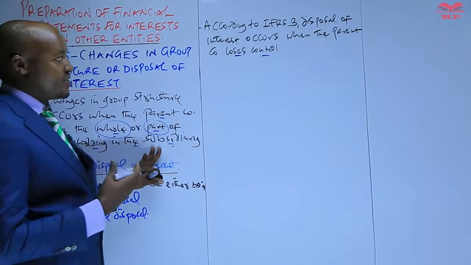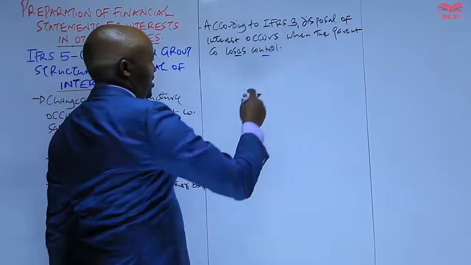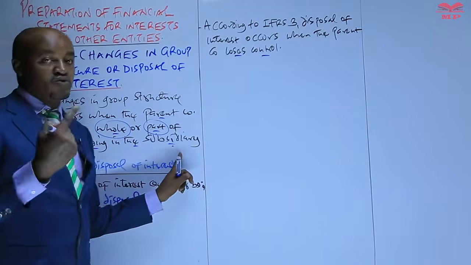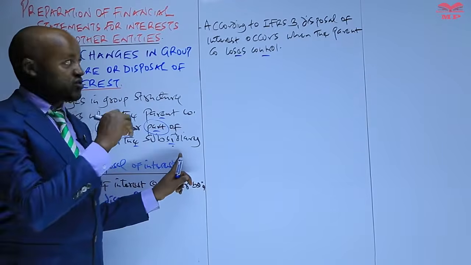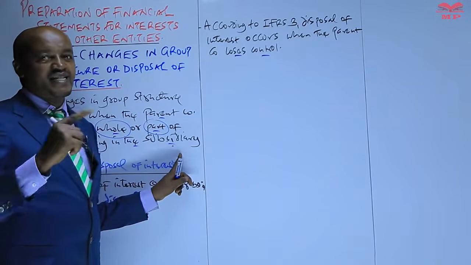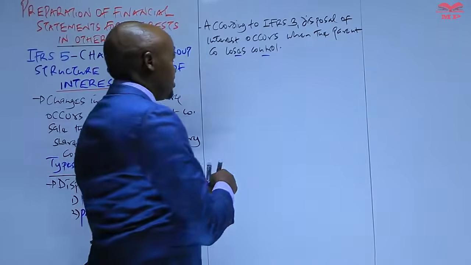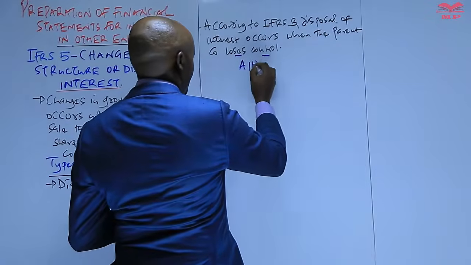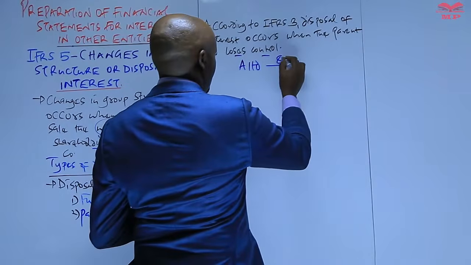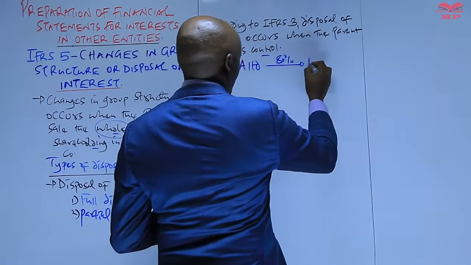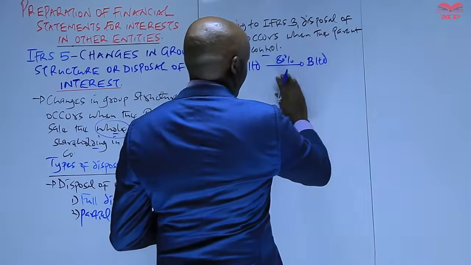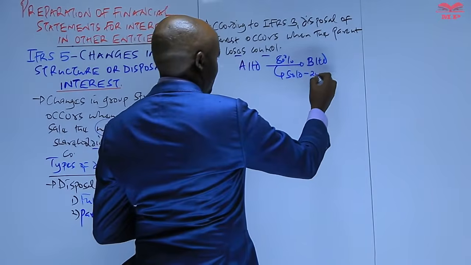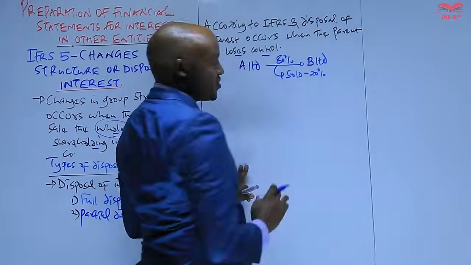And in such a case, the parent company should proceed and determine the gain or the loss on disposal. What is important to note is that if the parent company has retained control, for example, we can be told A Limited, which held 80% of the ordinary shares issued by B, sold 20% of the shares.